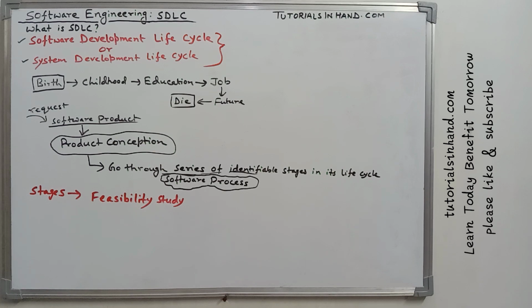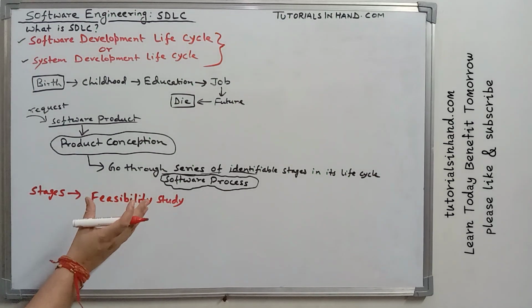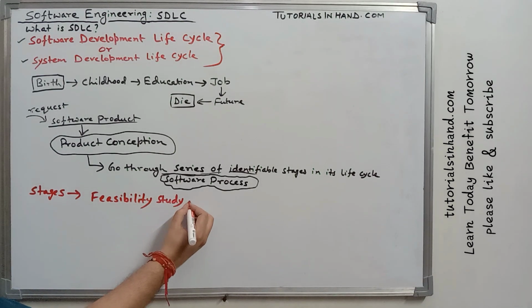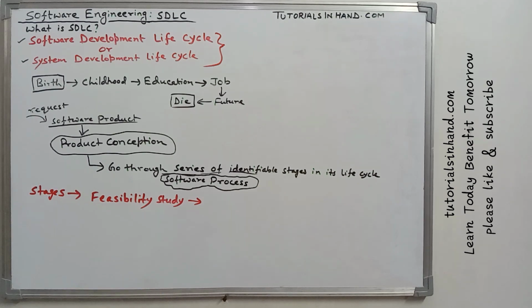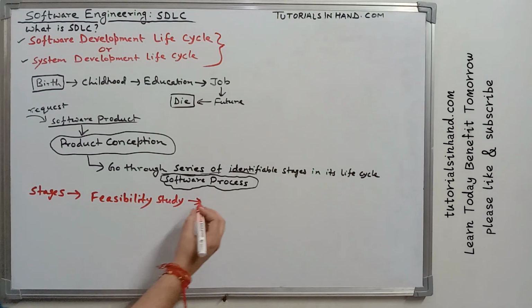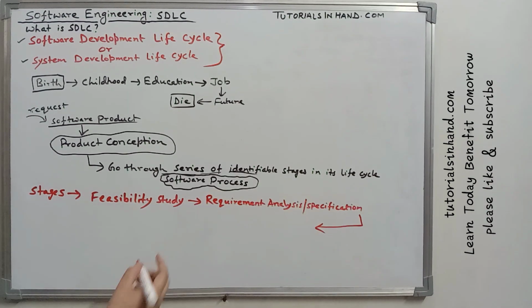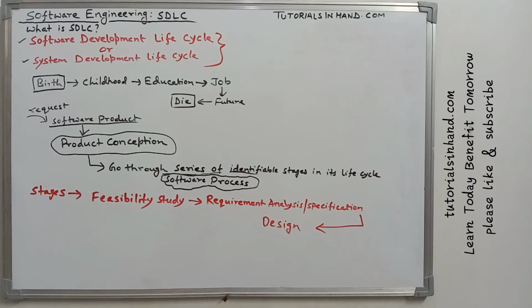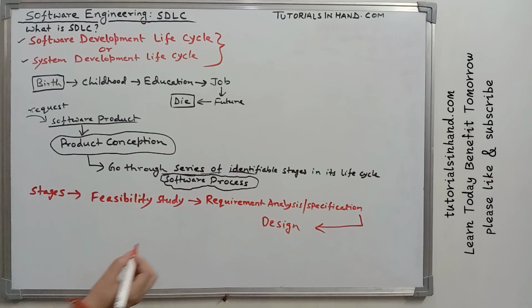Feasible in the sense of the money requirement that we have, the resource requirement that we have, is it feasible by taking into consideration all those things. Once the feasibility study is done, we can go through requirement analysis and specification. Once requirement analysis and specification is done, design will be made. Once the design phase is completed, coding and unit testing will start.